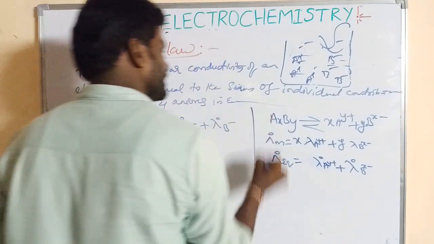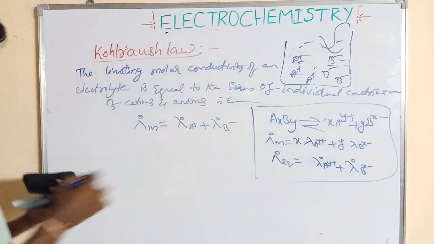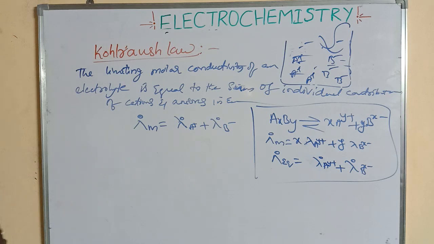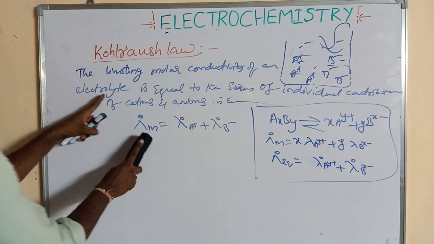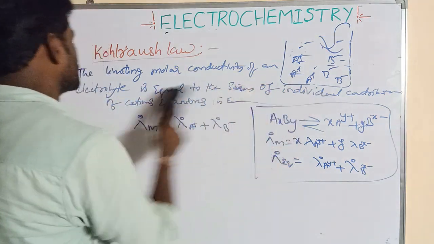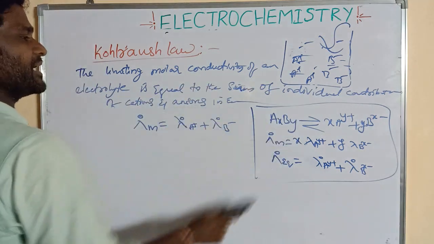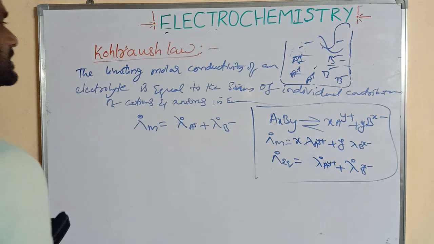These are the formulas for limiting molar conductivity. The limiting molar conductivity of an electrolyte is equal to the sum of the individual contributions of cation and anion.